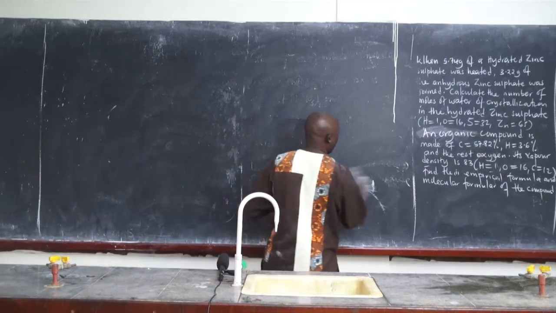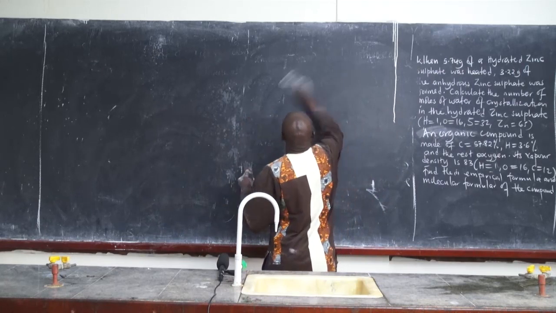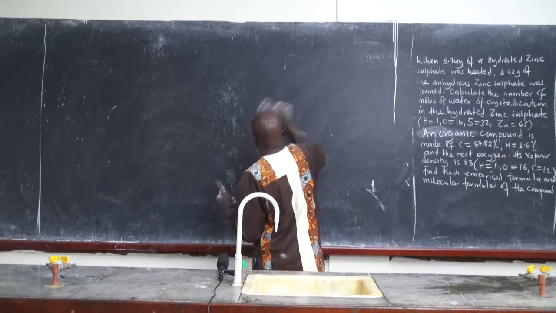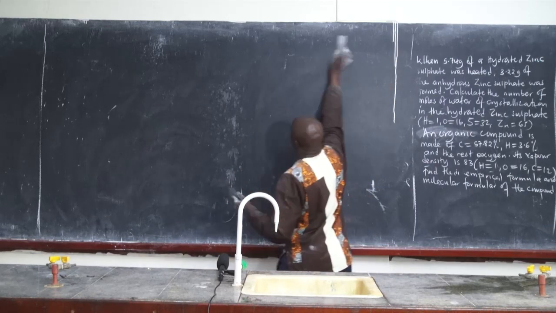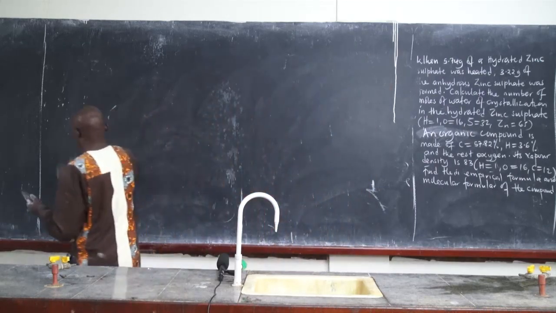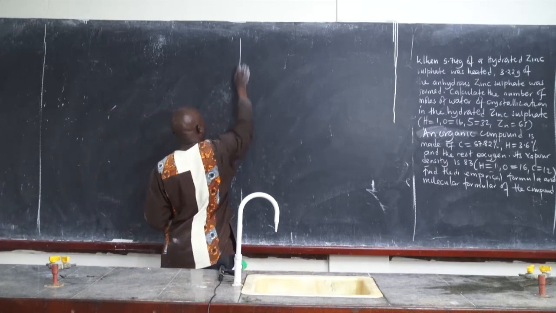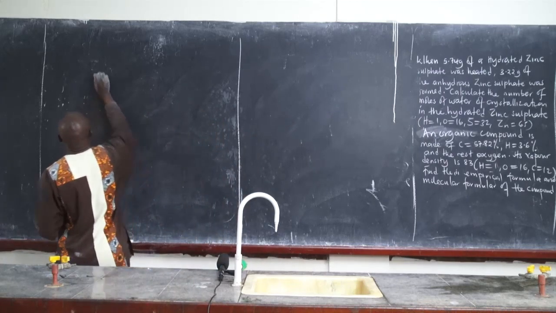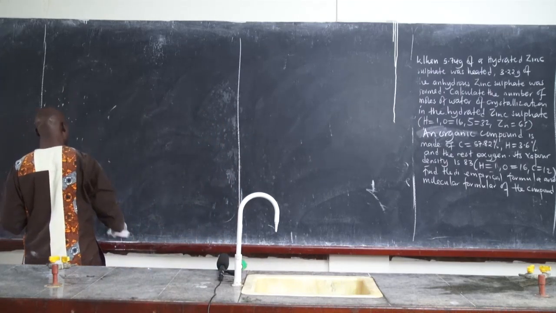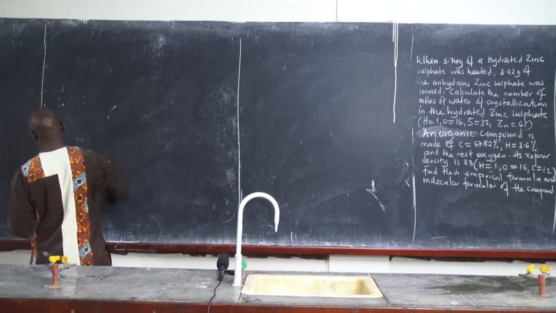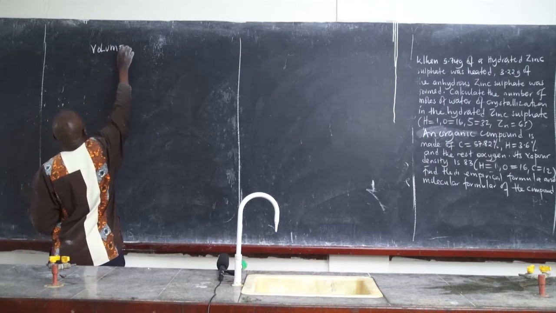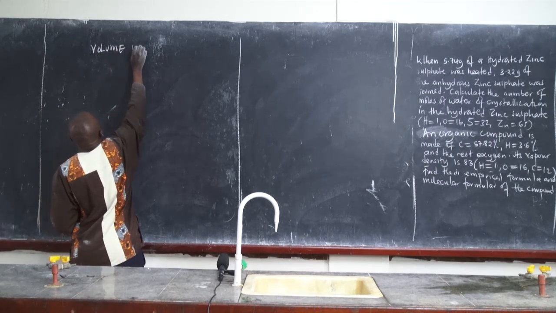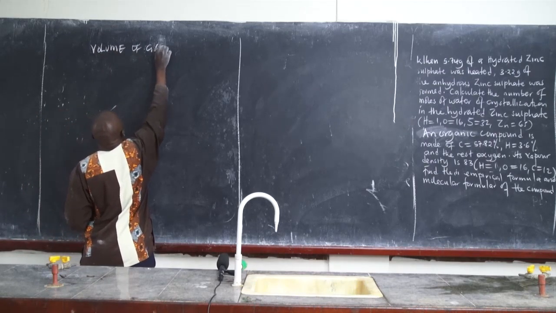Normally whenever we are measuring gases, we start by measuring their volumes. Of course, we can also get the mass of the gas, but preferably gases are expressed in volumes.